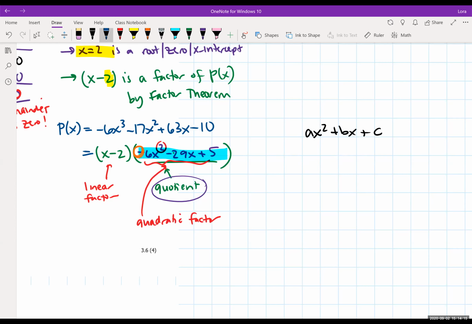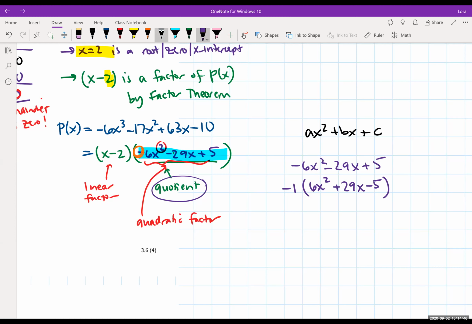You could take this -6x squared minus 29x plus 5, and you don't have to, but it just saves a little bit of time. You could factor out a -1 to begin with to maybe make it a little cleaner. So whenever you factor out a -1, it changes the signs of the terms. So +6x squared, +29x, and then -5.